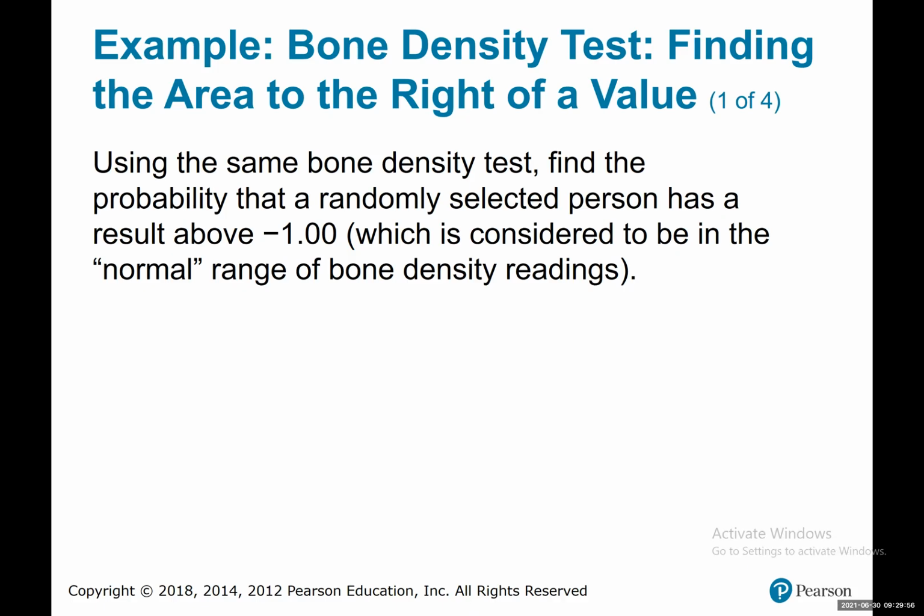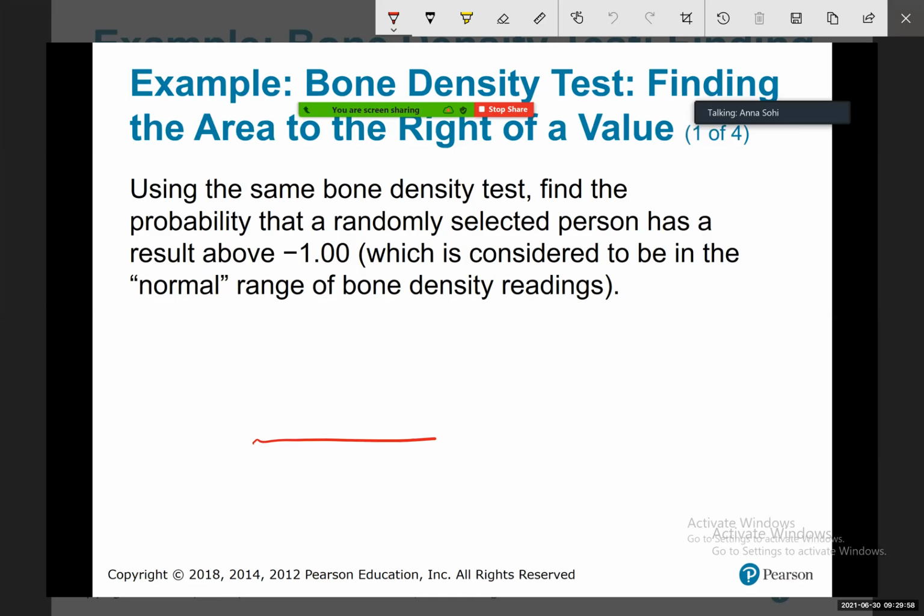Step 1, you always start with the curve. In this case, you know that this is a bone density. They mentioned mu is 0, sigma is 1. I want you to mark where you think is -1. And then I want you to mark and highlight where you think is above -1.